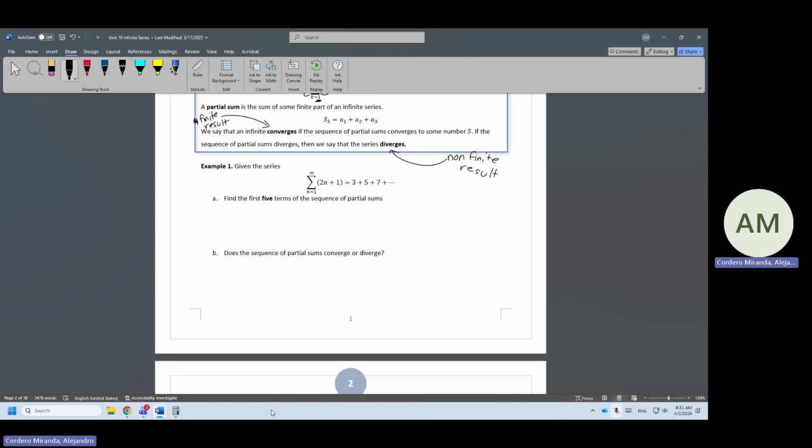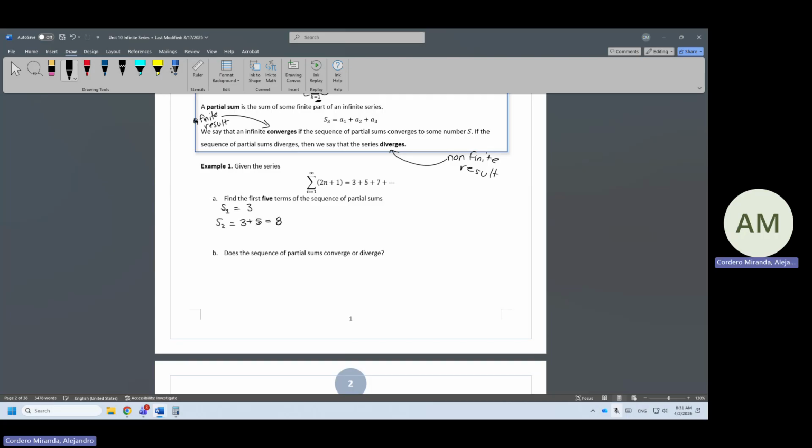So take the first term, that's the first partial sum. People usually call that S sub 1. If I just take the first term in this series, I get 3. That's the first partial sum. The second partial sum means take 2 terms and add them together, which would be 3 + 5.